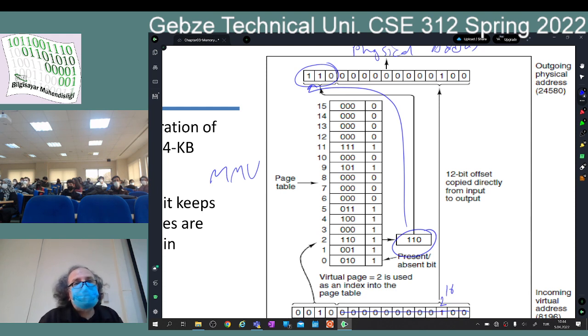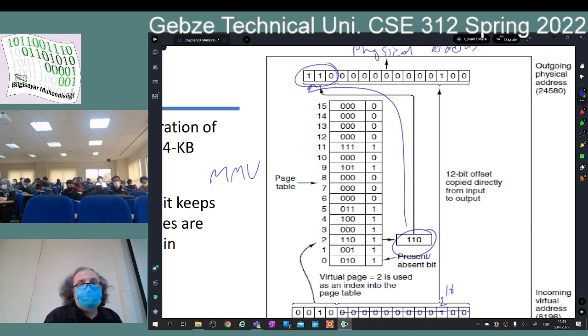Exactly. It says that if you need page number 10 from me, I need to tell you where that page is in the physical memory, but it looks like I don't have it in the physical memory. It is on the disk.